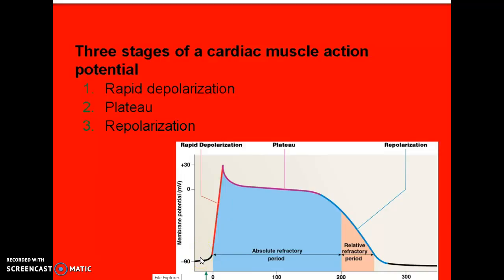And as ions flow across the membrane, that potential increases to a certain point. So we'll see what happens during each of these stages of the cardiac muscle action potential.